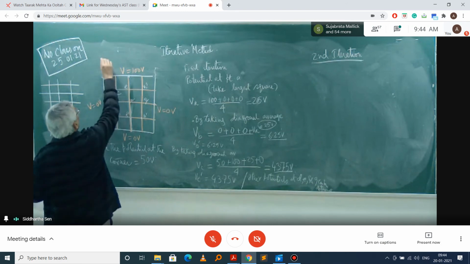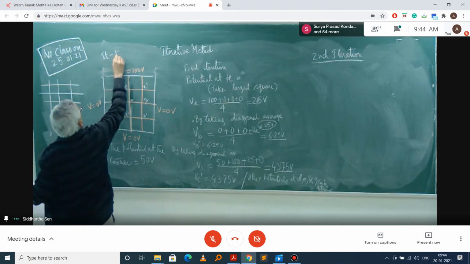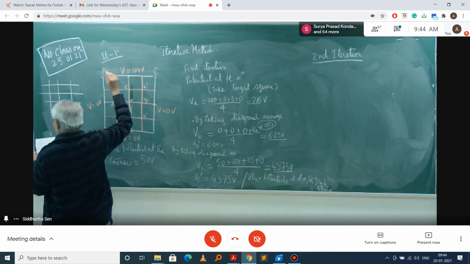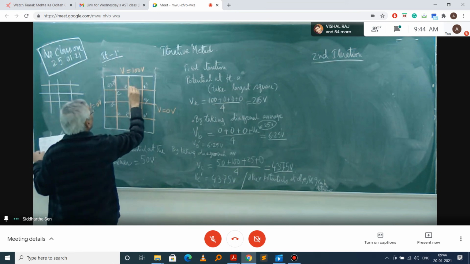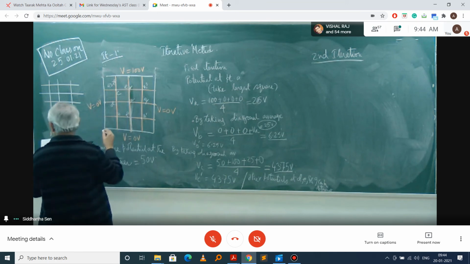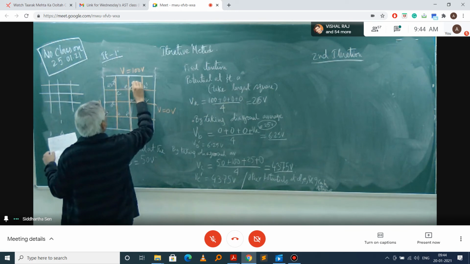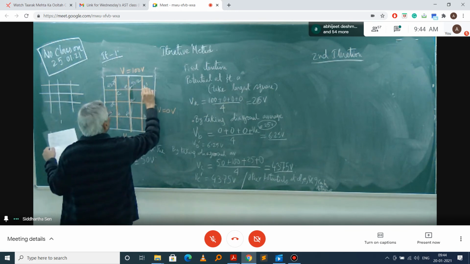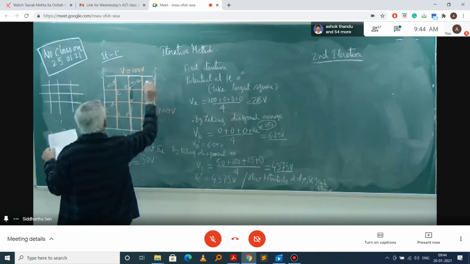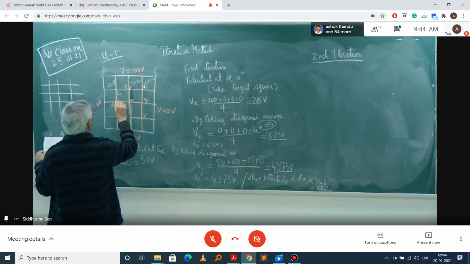So first iteration, iteration 1, I will put the value, it is 43.75. And this value you can find out as 53.12. Then this one is 43.75. Then this point is 18.75.